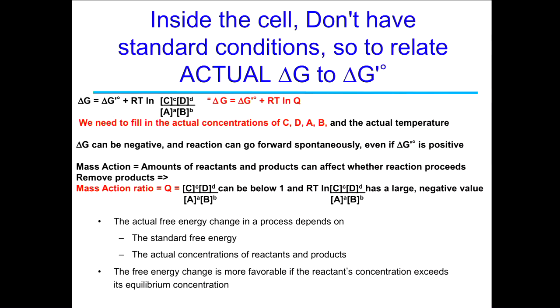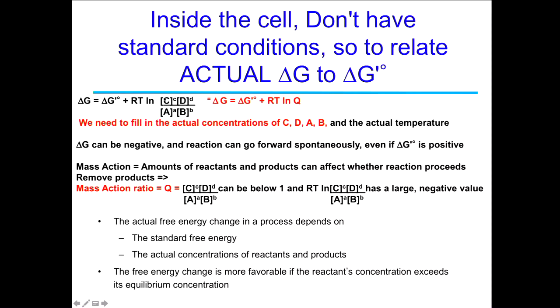So if it's not 25 degrees Celsius, let's say it's 10 or something like that. We're in Chicago, so let's say it's 10 degrees. You'd want to take whatever that temperature is in Celsius, convert it to Kelvin, or if you're in Fahrenheit, go from Fahrenheit to Celsius to Kelvin, and plug that in for T. Okay, so we can figure out the free energy change for our reaction at the actual concentrations and at the actual temperature that we're working at.